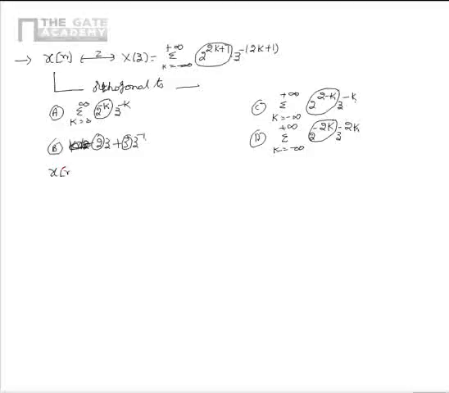Also we see that x of n is present at odd instants. In case of option D, the signal is present at even instants.